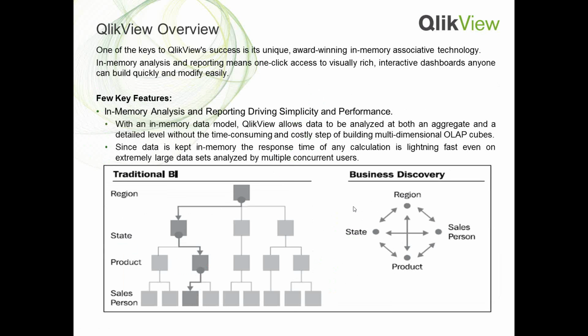Now it's very difficult to visualize an associative database. It's very hard to construct an associative database physically, but its algorithm basically treats the data in the associative way. All of the data which is stored in the RAM is modeled in an associative way.